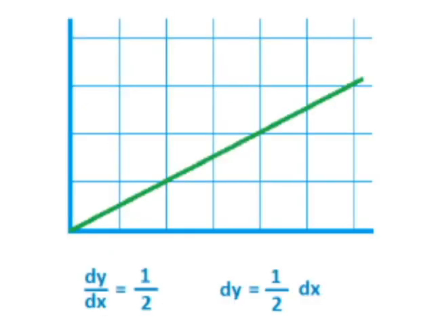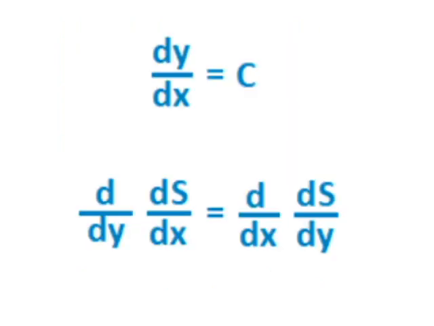Now we know that a geodesic in flat space is typically written as some form of dy over dx equals a constant. But a geodesic in flat space can also be written as d/dy of ds/dx equals d/dx of ds/dy.